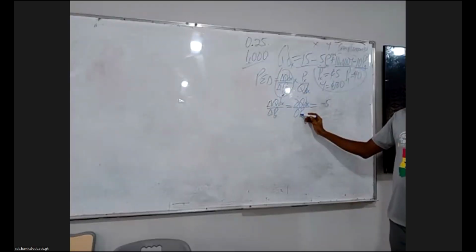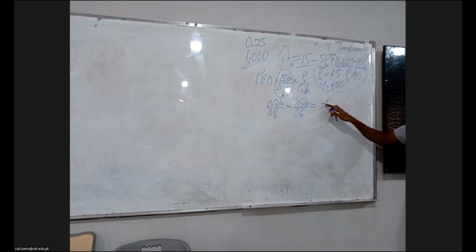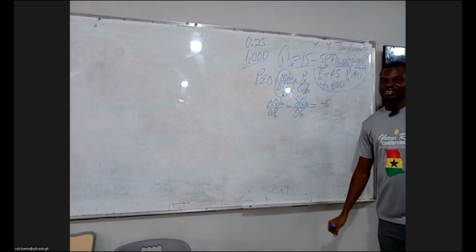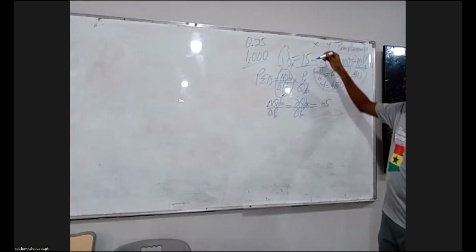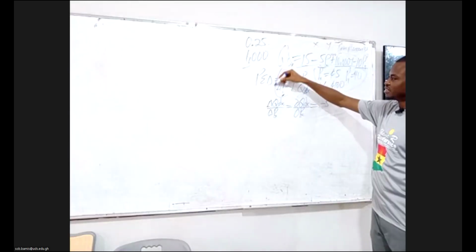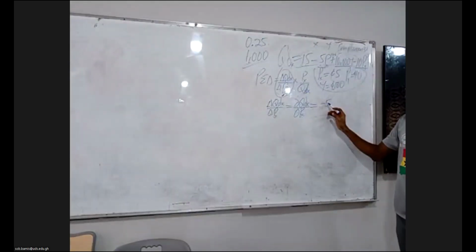No. So we consider that term to be a constant. And differentiating it will give us 0. So here our change in QDX over change in PX equals minus 5. All right. Then that means in this particular formula, we have been able to find the value of the slope, and that is minus 5.